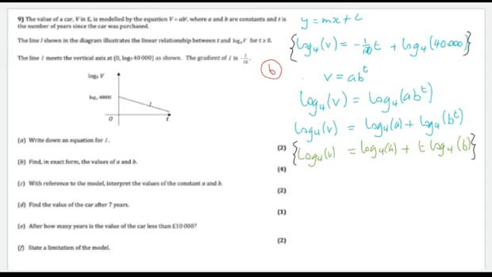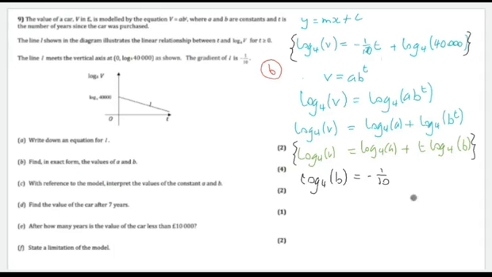Okay, so we would say the t's are identical. So that means the log to the base 4 of B is equal to minus a tenth, comparing this to this, because they both have t's.